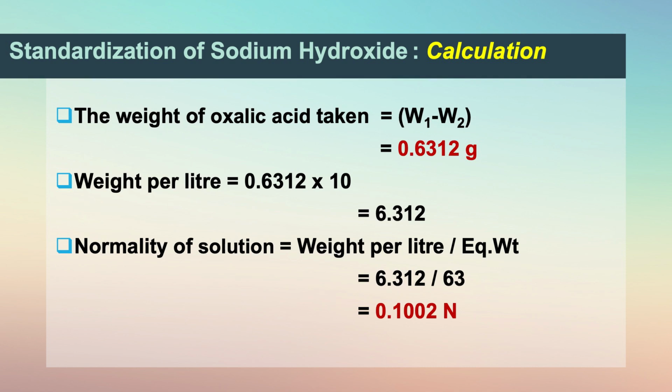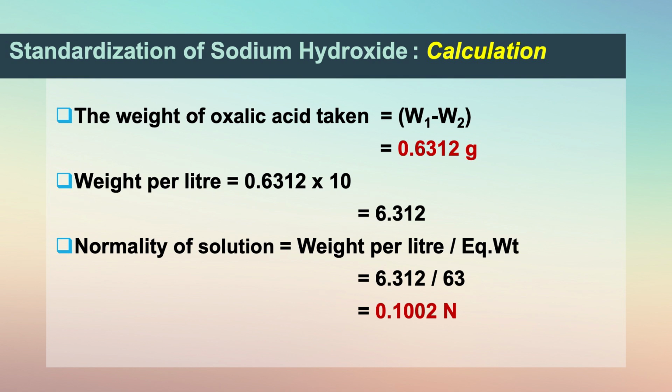Weight per liter of oxalic acid solution is obtained by multiplying this weight with 10, that is equal to 6.312 gram. Here we are multiplying with 10 because you are preparing the solution in 100 ml. So, weight per liter is the weight of the oxalic acid in 1000 ml. To get the weight in 1000 ml, you have to multiply with 10. So, you got the weight per liter equal to 6.312 gram.